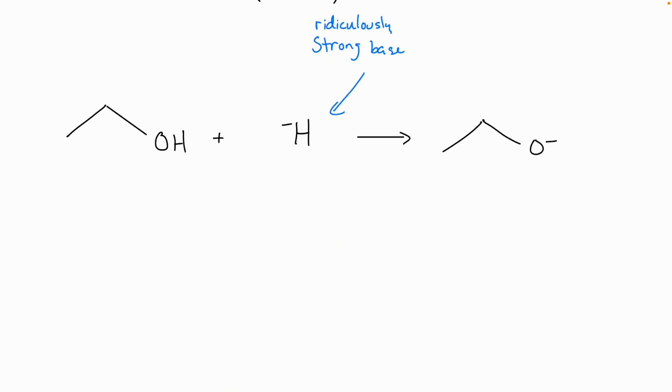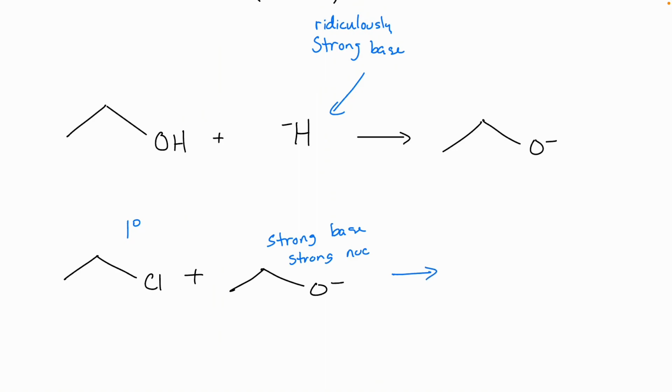So for example, if I took this thing right here and added it to an alkyl halide here, we would be able to use our chart to determine that this is a strong base, strong nucleophile, and since this is a primary alkyl halide, this would undergo a substitution reaction.